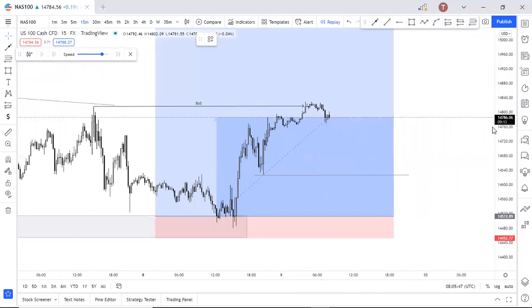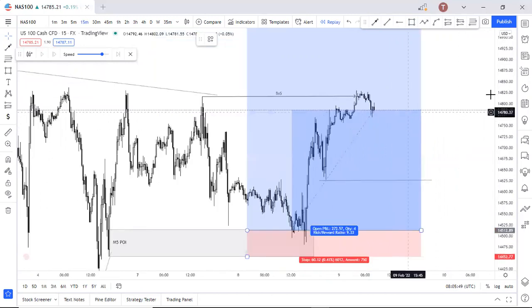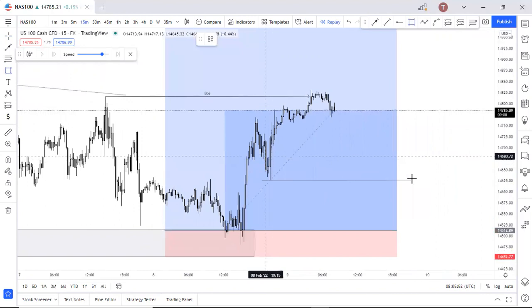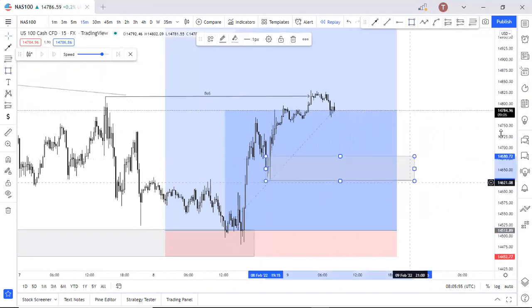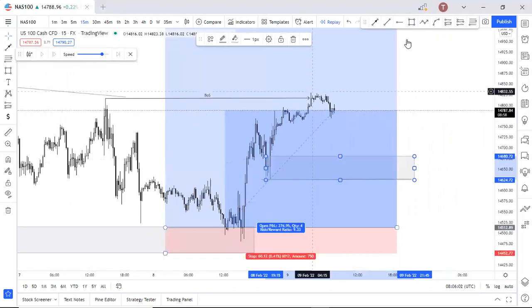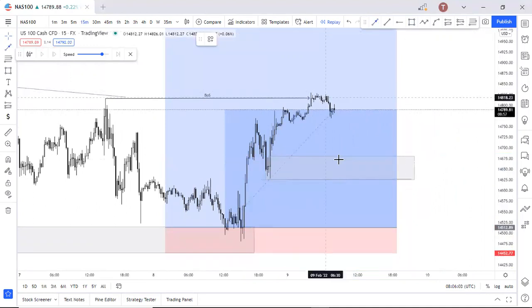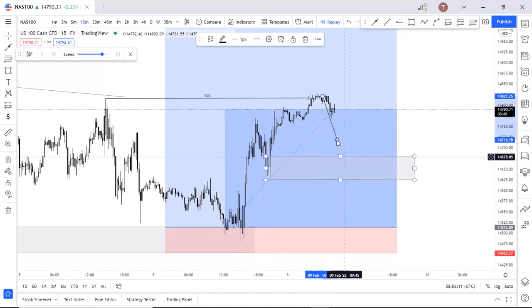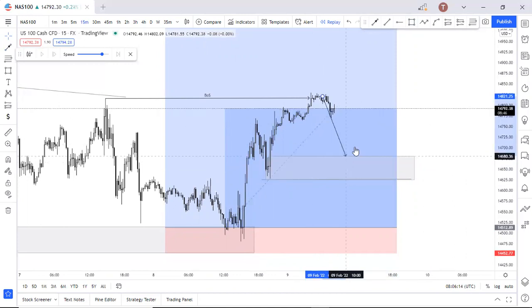Also, for the trade, I will still be having another entry right here, because we can see a break of structure. Once we have a break of structure, market will tend to come back to mitigate the demand zone that caused the break of structure to happen in the market. So I'll be expecting price to pull back into this zone later on in the day.